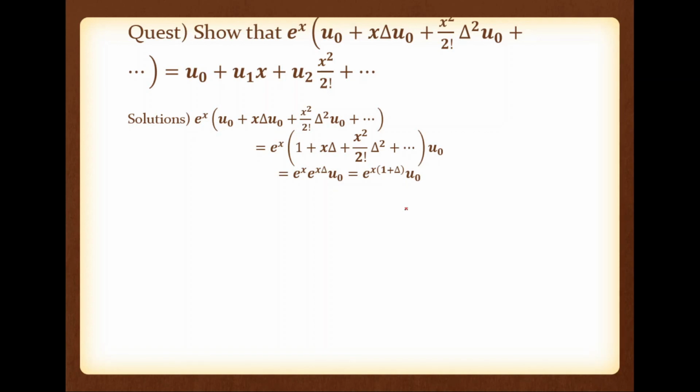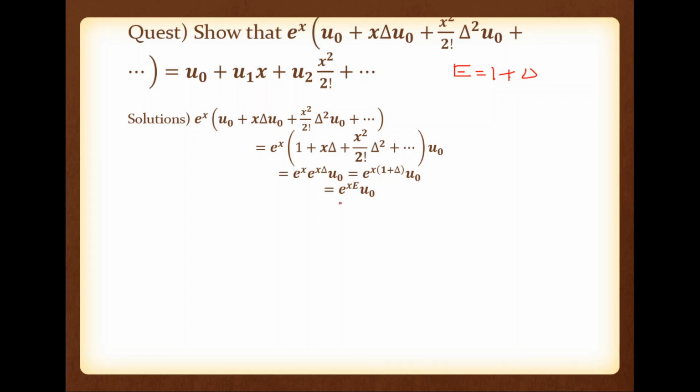In the previous slide I told you that delta is equal to e minus 1, so e is equal to 1 plus delta. So we can replace 1 plus delta with e. So we have e raised to x into e u0.